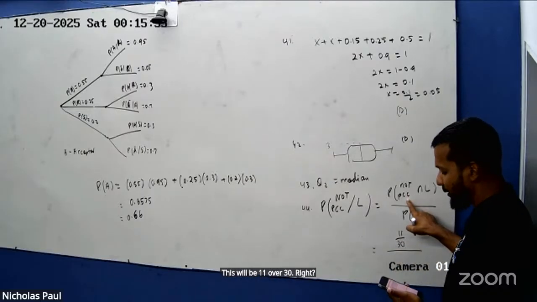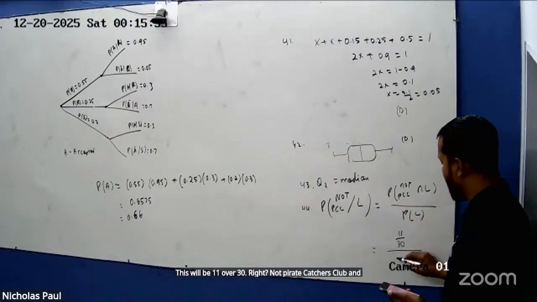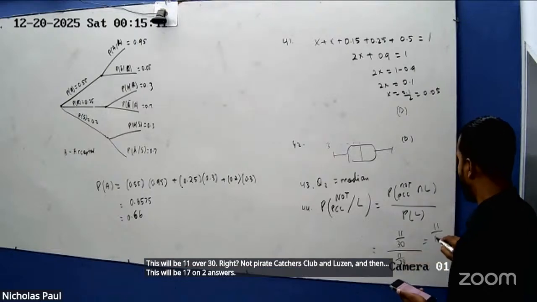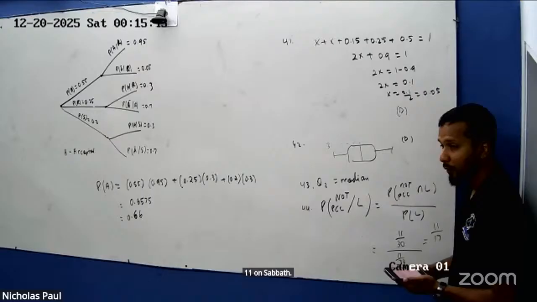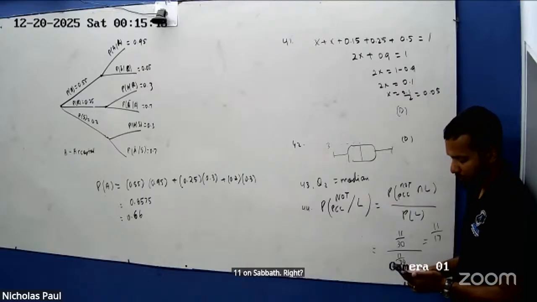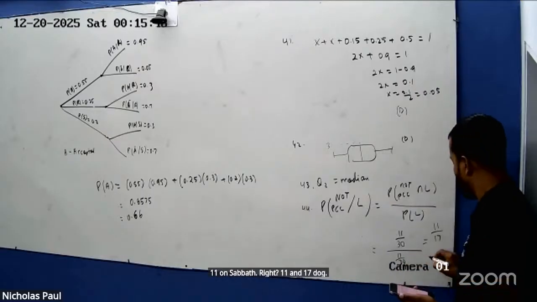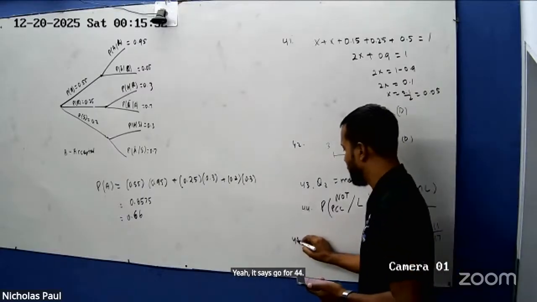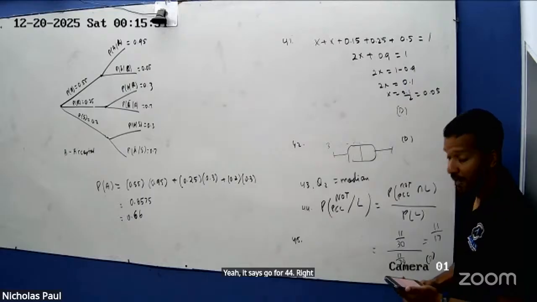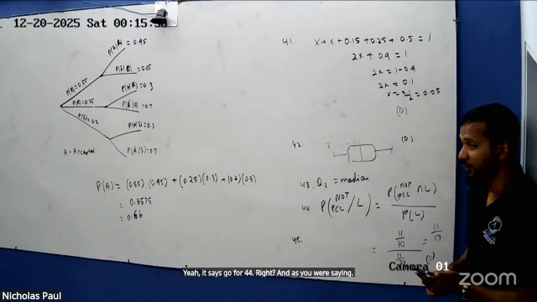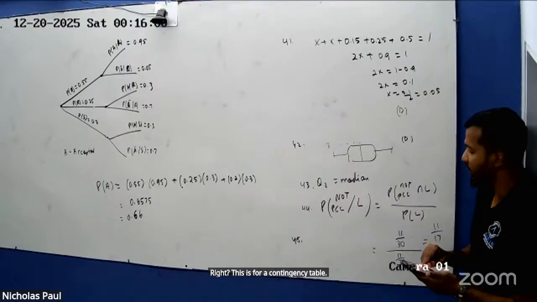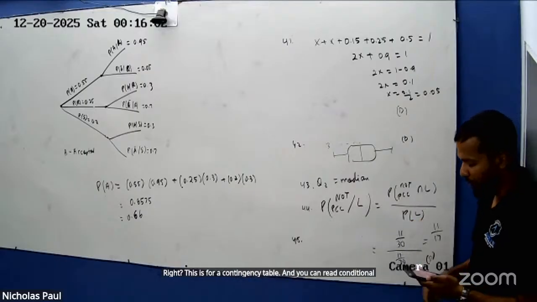Not Parrot Catchers Club and losing. And then this will be 17 over 30. So your answer is 11 over 17. The answer is 11 over 17 for 44. And as you were saying, yes, you can just read it off the table. This is called a contingency table, and you could read conditional probabilities of 11 over 17.